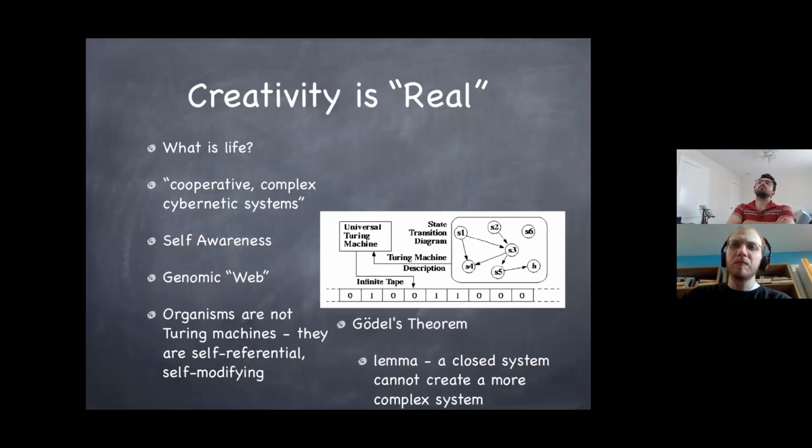Now, when we take a reductionist materialist approach in biology, and we don't think about a biological system as anything more than a computational system, we're actually doing it a great disservice.